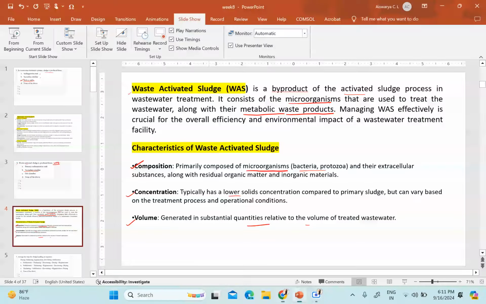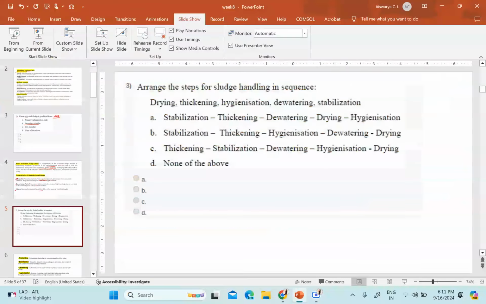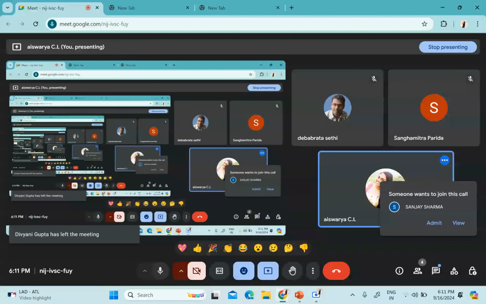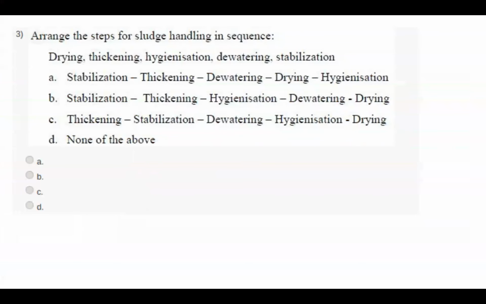Now, arrange the steps for sludge handling in sequence. So, next question, we have to arrange the steps for sludge handling in a sequence. Four options are given.